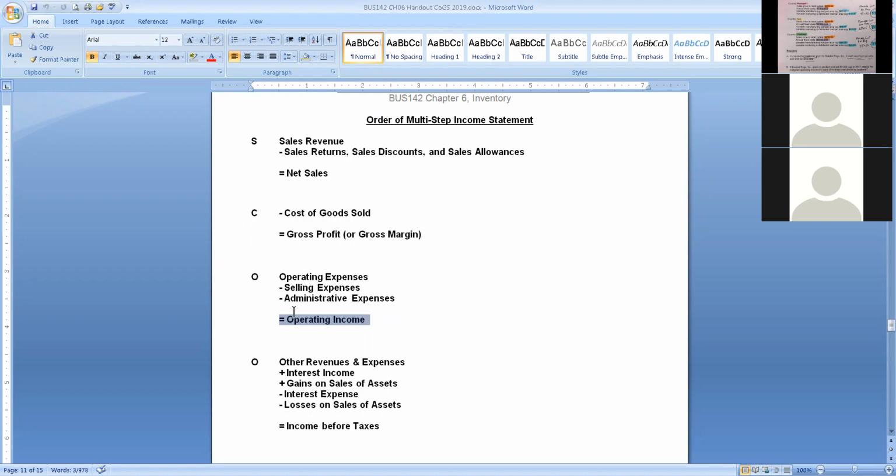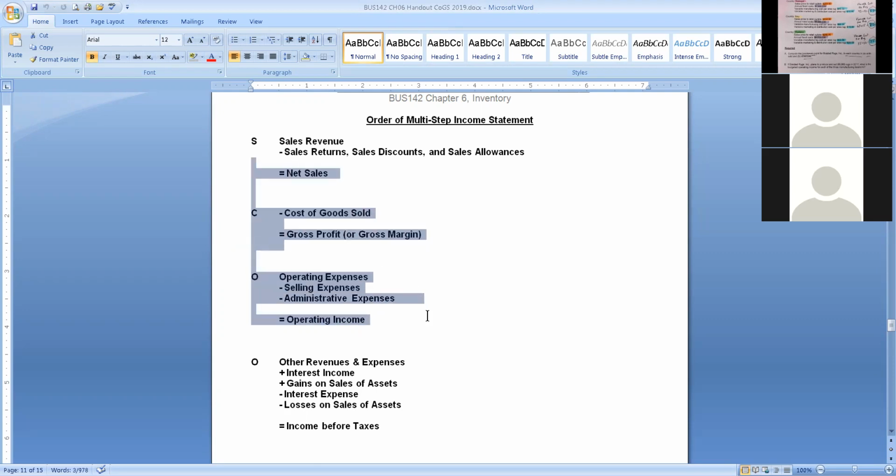Okay, so this is not going to be the same because we're doing this in a variable context, variable and fixed costs, and these costs will very likely not be the same. So while this operating income is something you'll see on a financial income statement, it's different than the operating income they're talking about in the book, because it's going to be based on variable and fixed costs rather than specifically what the expenses and costs were.